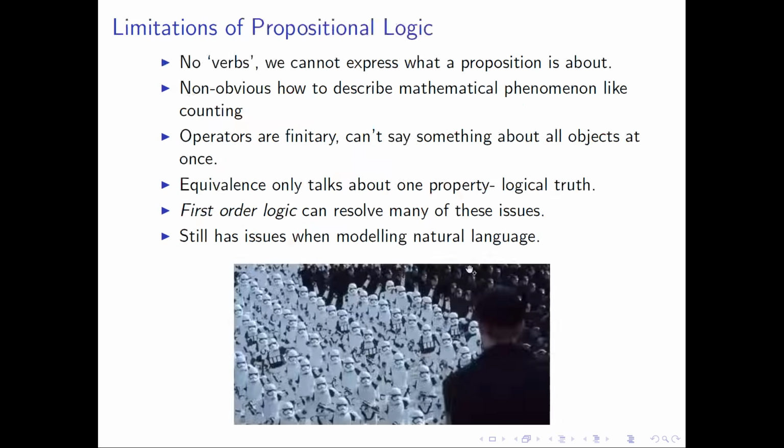Okay, so now let's go to the end of this talk. So let's look at limitations of propositional logic. Okay, so the big thing is there's no verbs. We just have these propositions. And propositions are kind of like sentences, and we can just plonk different statements together and connect them with these connectives.